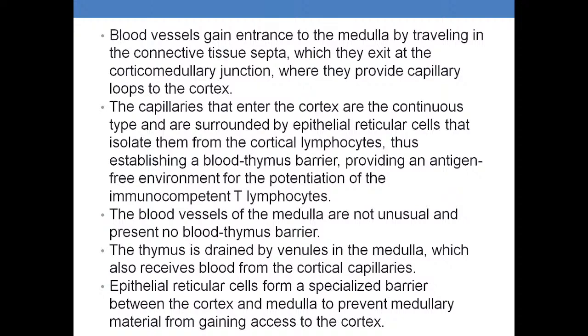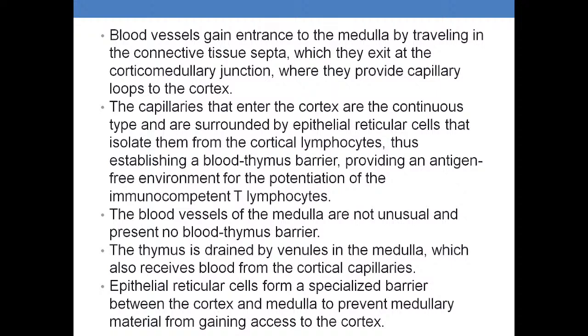Blood vessels gain entrance to the medulla by traveling in the connective tissue septa, with the exit at the corticomedullary junction, where they provide capillary loops to the cortex.